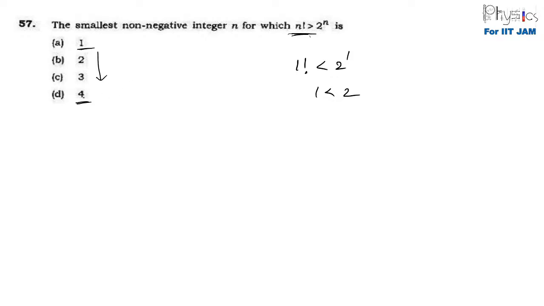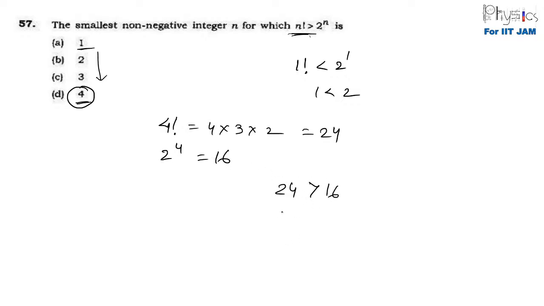So always start from the highest one, that is 4. If we calculate 4 factorial, it would give us 4 times 3 times 2, that is 24, and 2 to the power 4 is 16, and we know 24 is greater than 16, that is 4 factorial is greater than 2 to the power 4.